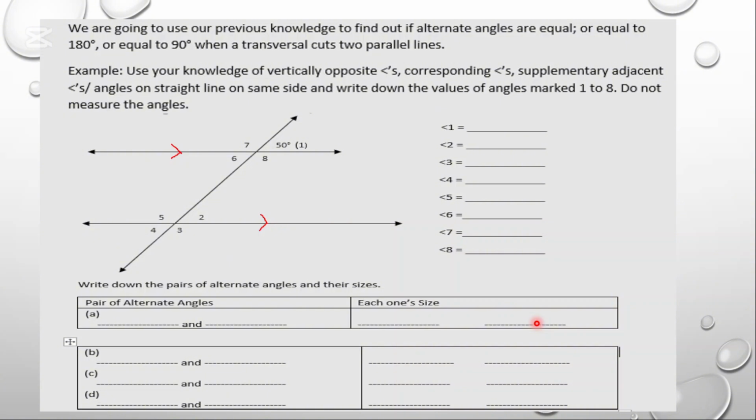We are going to use our previous knowledge now to find out if alternate angles are equal or equal to 180 or even equal to 90 when a transversal cuts parallel lines.